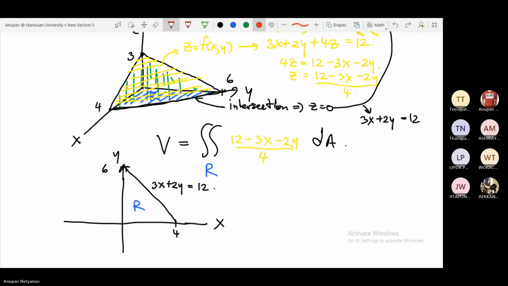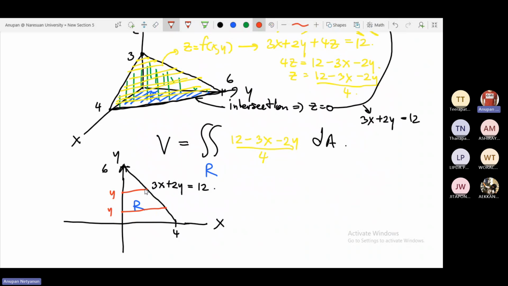Now, in the other way, if you look at any fixed y, you can see that your x starts from the point on the y-axis to the point on the line.